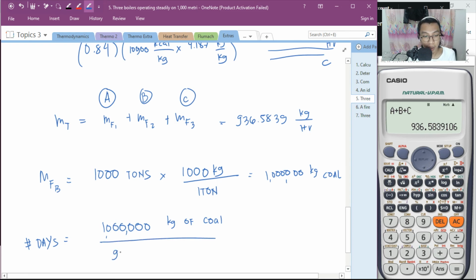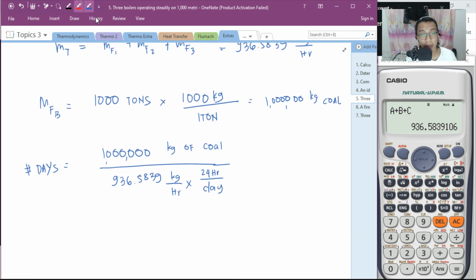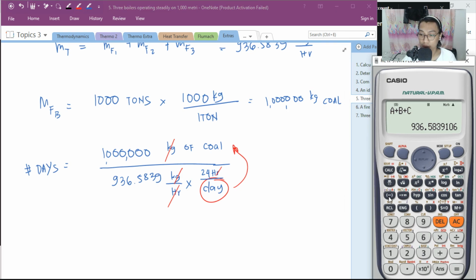So, 936.5839 kilogram in every hour. O, kailangan mo ng 24 hours, meron kang 24 hours per day. O, ilan days daw maglalast yung fuel mo. So, cancel all the same units. Kilogram of coal, hour, nasa baba yung day, itaas mo. So, ilan days tatagal.